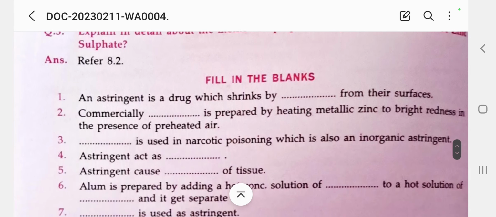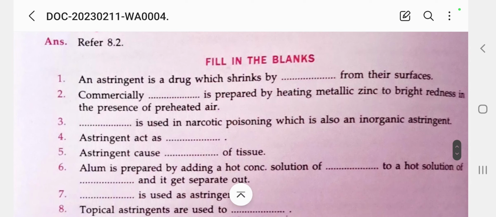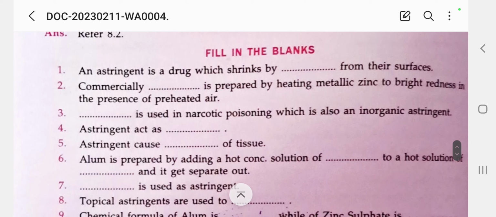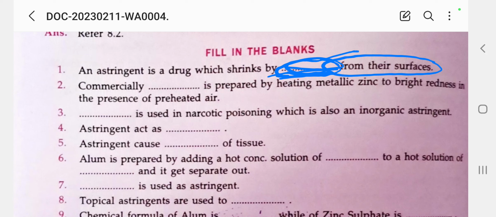Next, we'll see the fill-in-the-blank questions. An astringent is a drug which shrinks tissue by dash from their surface. I told you the mechanism of action: protein precipitation from their surface so that it reduces the oiliness.